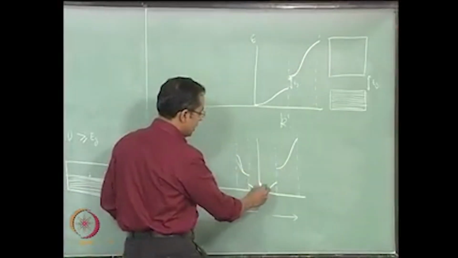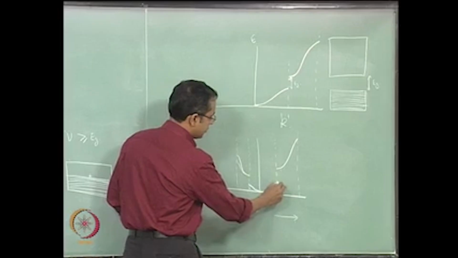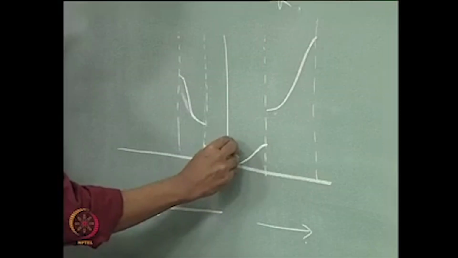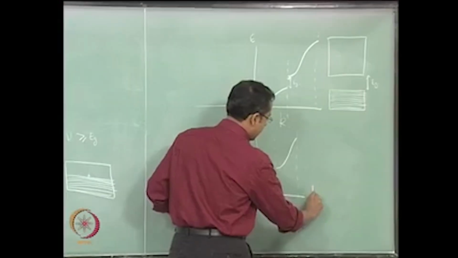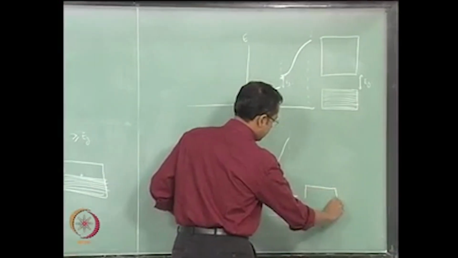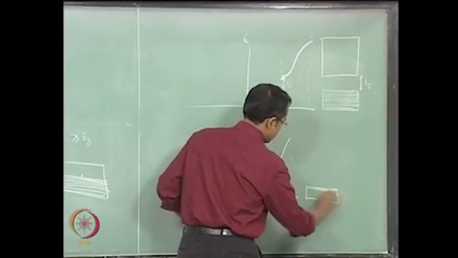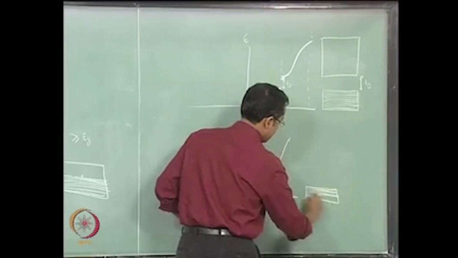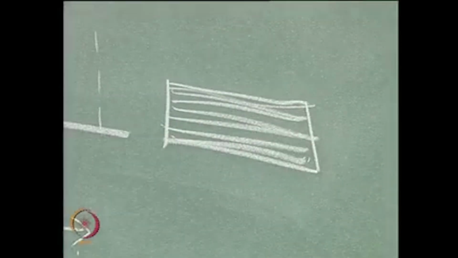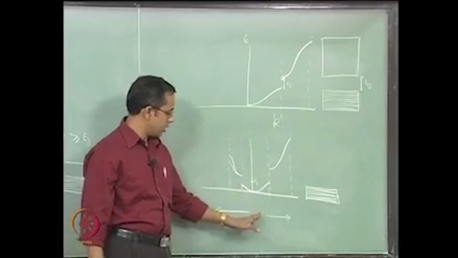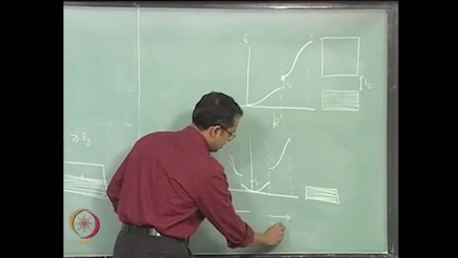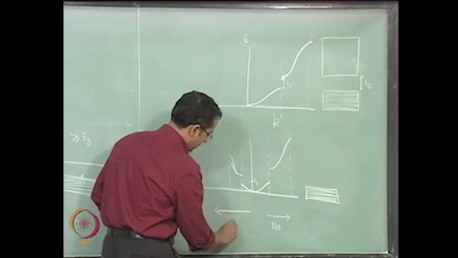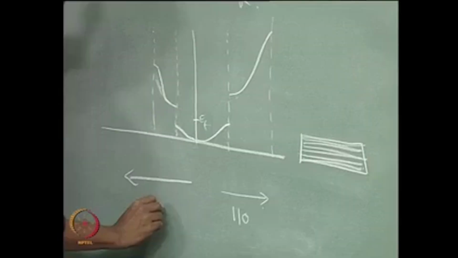Now supposing the Fermi energy level is here, I will just say this is EF. We have a situation where the valence band is defined by the band structure in this direction. Let us say this is the 110 direction and this is the 111 direction.